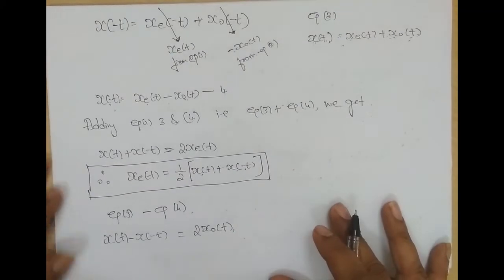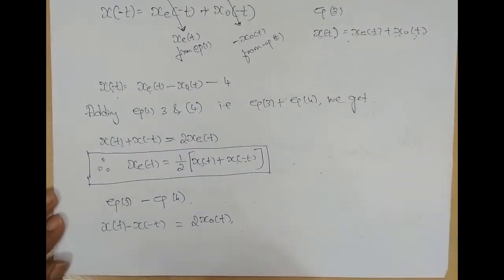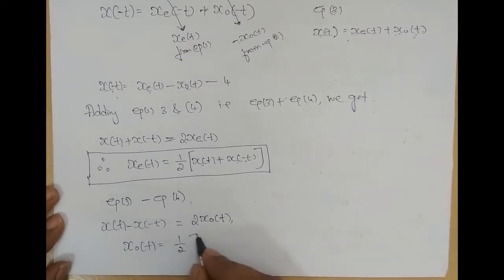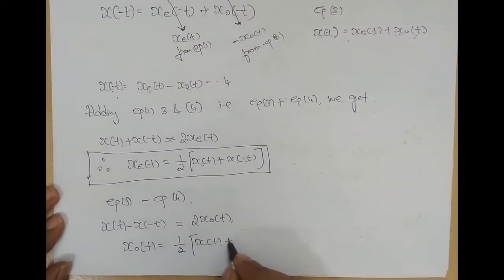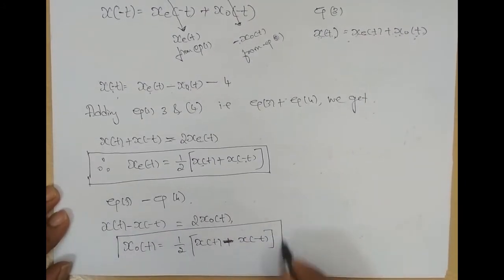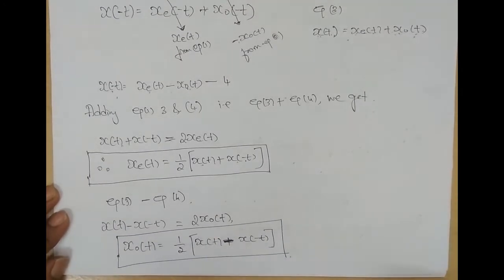Now if I solve for xo of t, xo of t is equal to 1 by 2 times x of t minus x of minus t. So this is the equation to find the odd component of a signal.